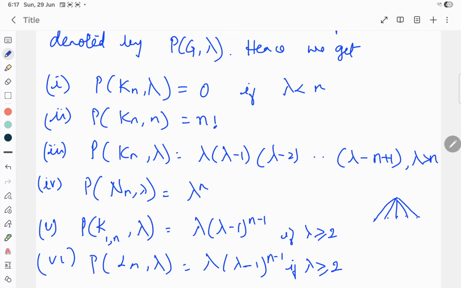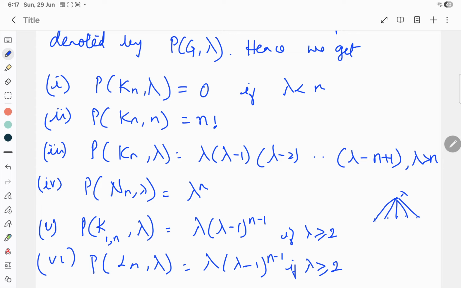So you have lambda colors. If I use the first color here, how many possible ways can I color the only vertex in the set? I have lambda ways of coloring this.